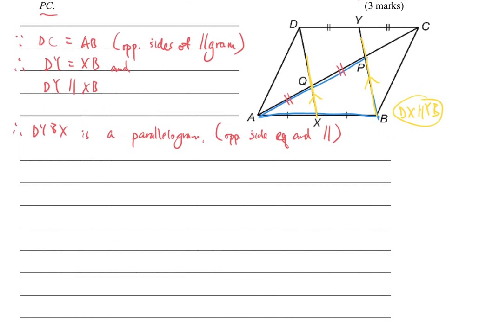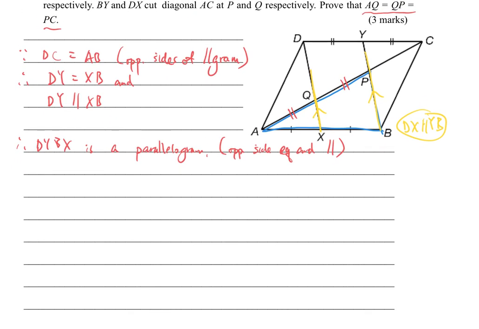After that we find that DYBX is a parallelogram. So after that we can go to the two triangles to prove that the three line segments are the same. Maybe we start from the triangle CDQ.